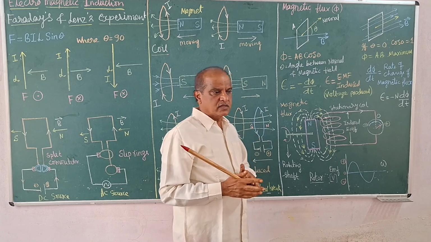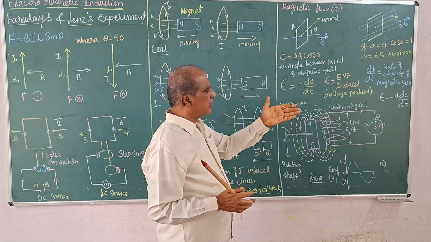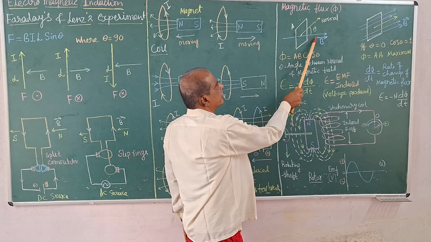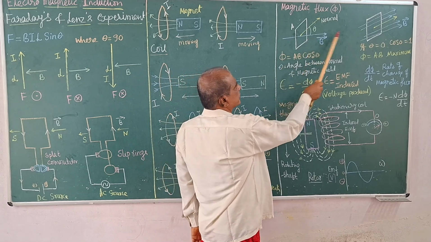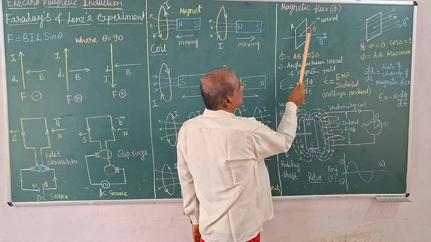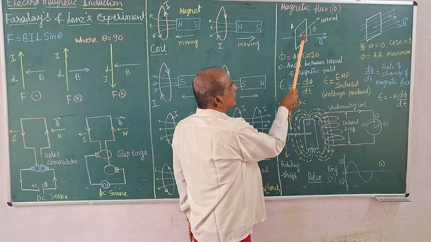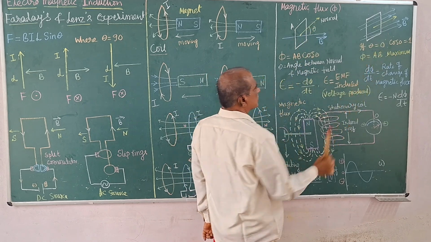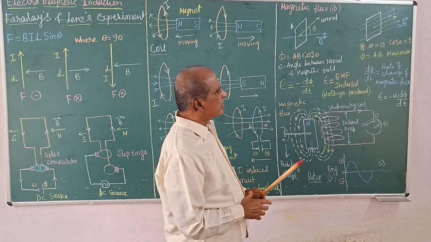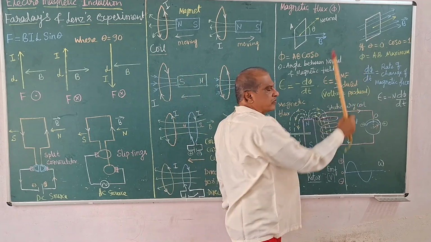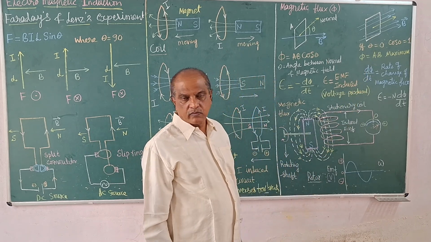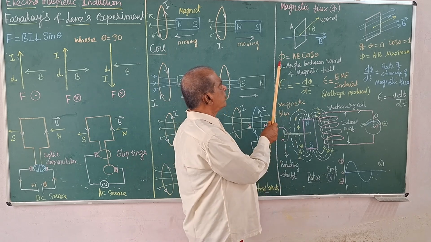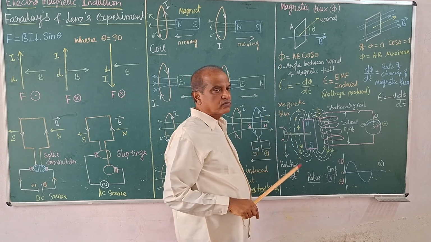It is the same as the surface lying exactly perpendicular to the magnetic field. Cos 0 becomes 1. Then magnetic flux is AB, which is the maximum. This is called magnetic flux.